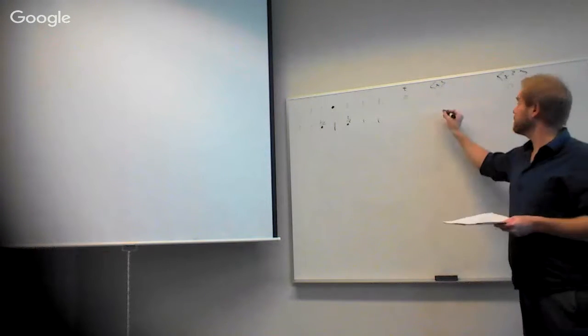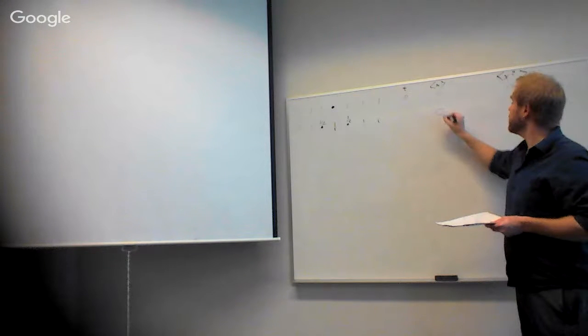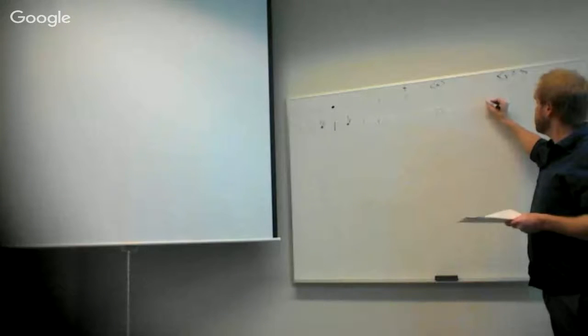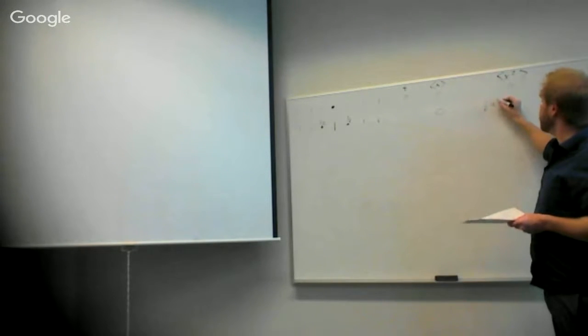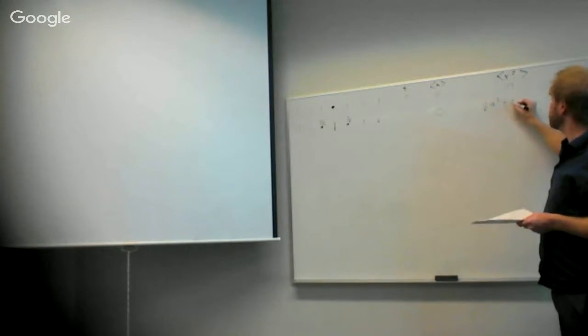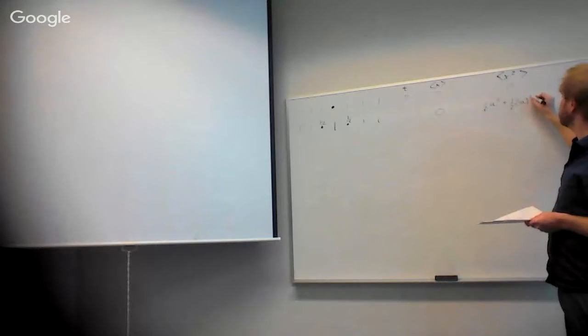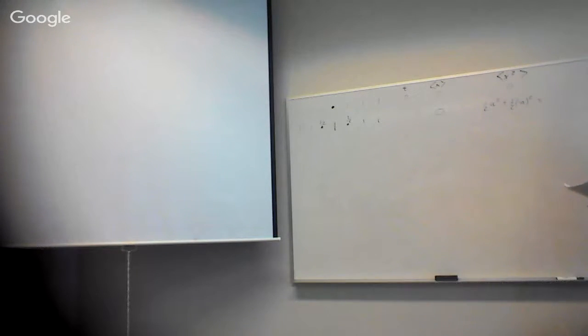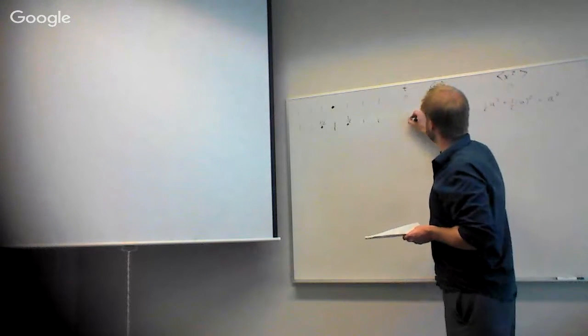How about my mean x squared? It's not 0. It's 1/2 times a squared plus 1/2 times negative a squared, which equals a squared. So that's at t equals 1.